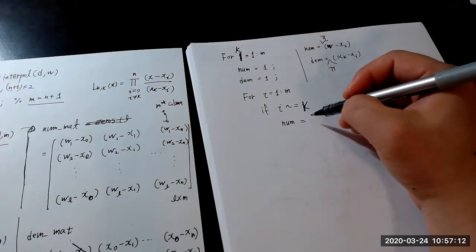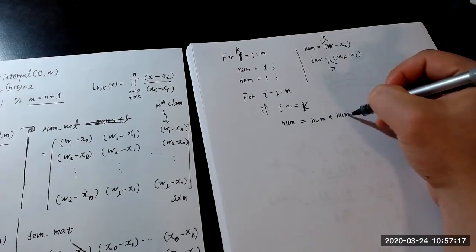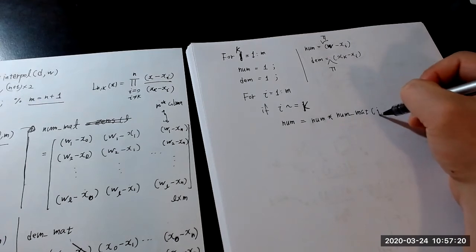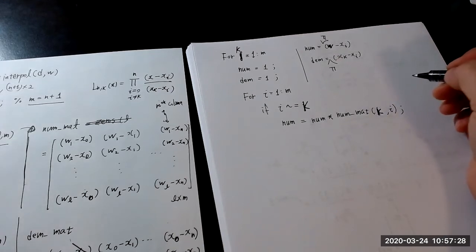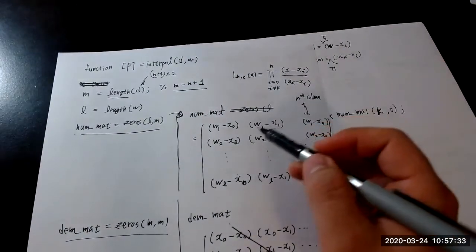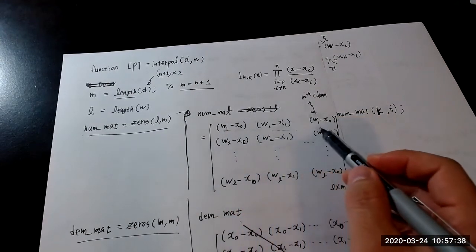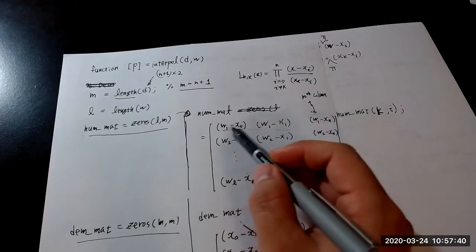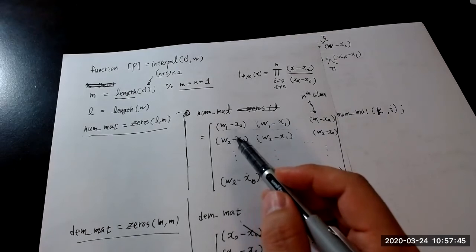then num is equal to num times matrix j k, oops, k comma i. Okay, so understand that in a num matrix you just multiply all of the entries in a fixed row except for the kth column.